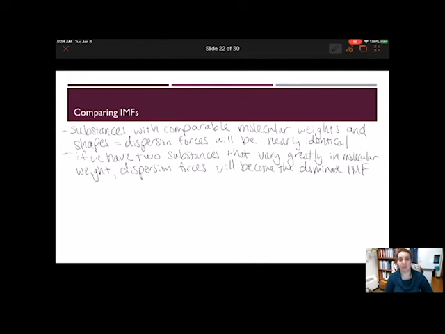If we have, again, substances that are equal mass, same size, the strength of intermolecular attractions will increase with increasing polarity.